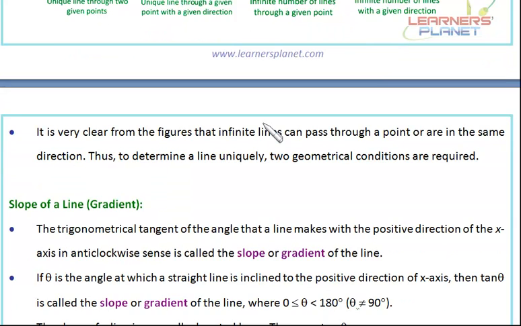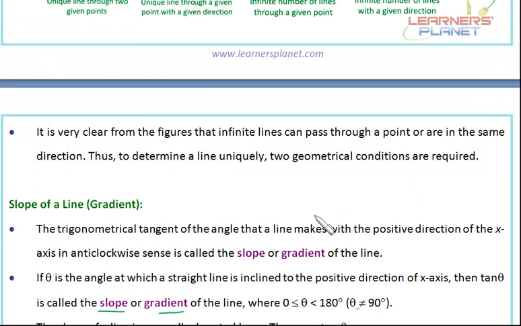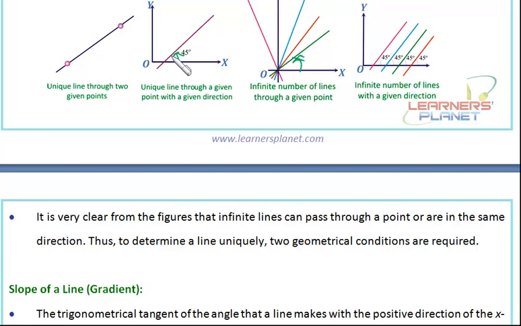Okay. Now if theta is the angle at which a straight line is inclined to the positive direction of x-axis, then tan theta is called the slope or gradient of the line, where this theta is between 0 to 180 degree. Okay, and it's very important that you take the direction as anti-clockwise. Now suppose you wish to find the slope of this line.